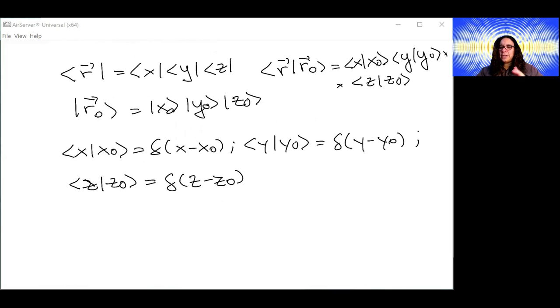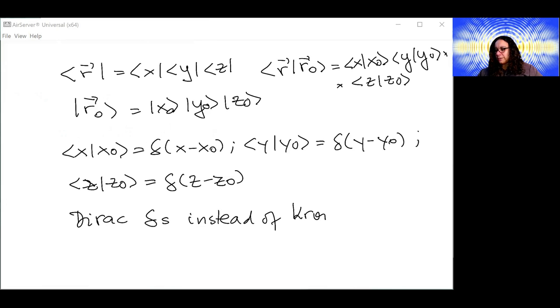Basically what you're doing is you have a continuous basis, so instead of having Kronecker deltas you have Dirac deltas, because the basis is continuous.